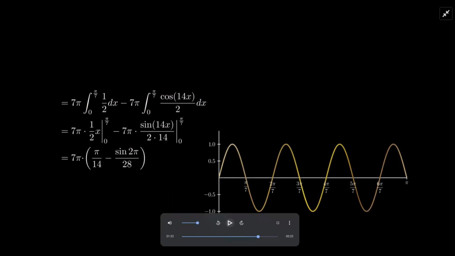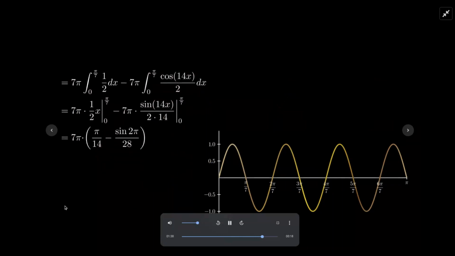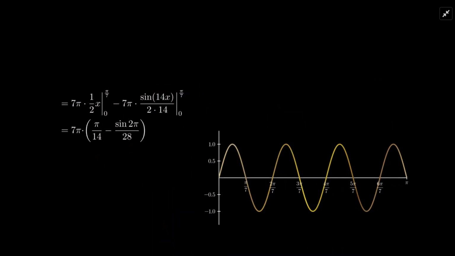And then notice that sine of 2 pi, that's also 0, so that disappears. And we're whittling this down to a pretty simplified form. Pi squared over 2. Right.